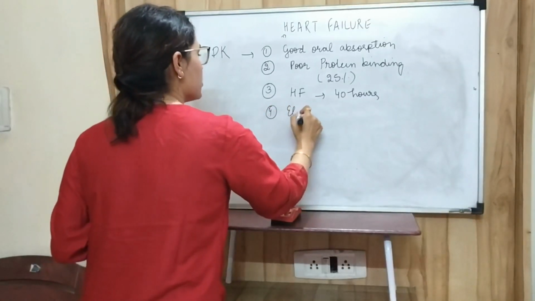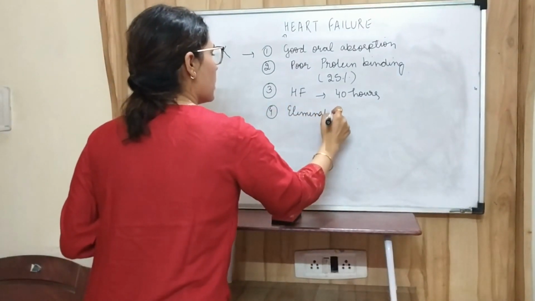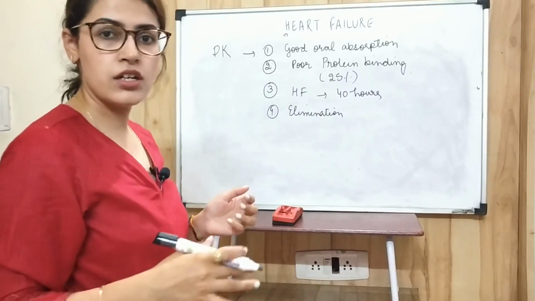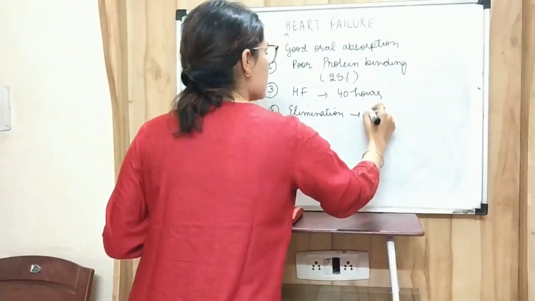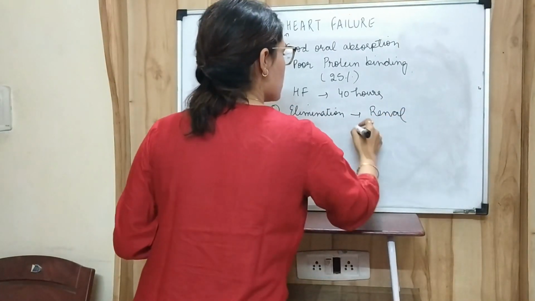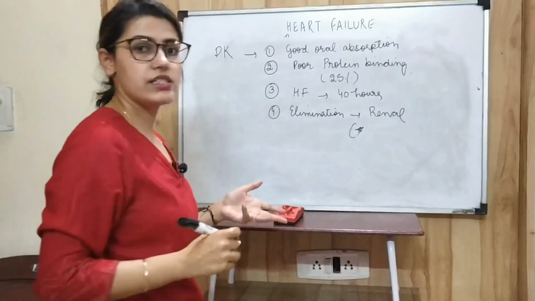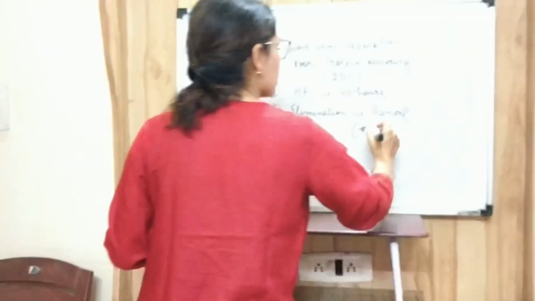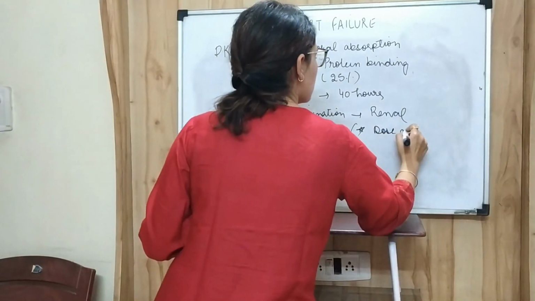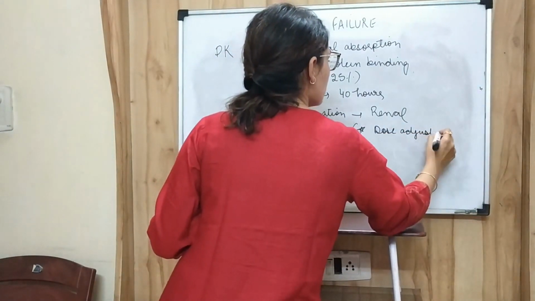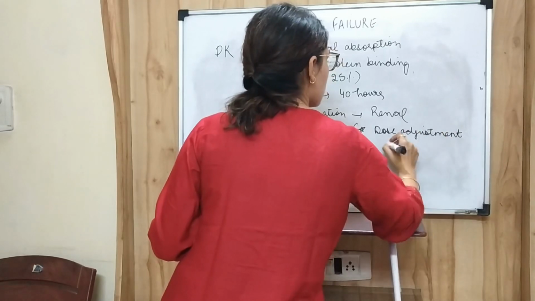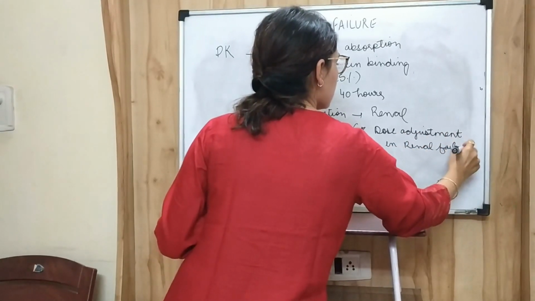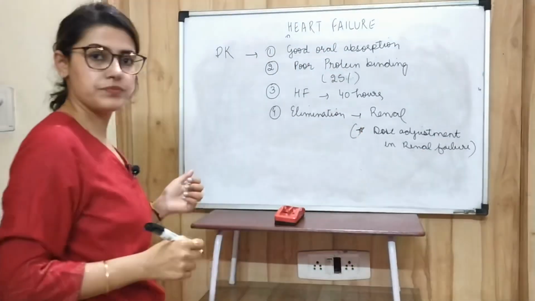Next is the elimination process. Digoxin is eliminated through the renal route. So the important thing to learn here is that dose adjustment is required in renal failure patients.